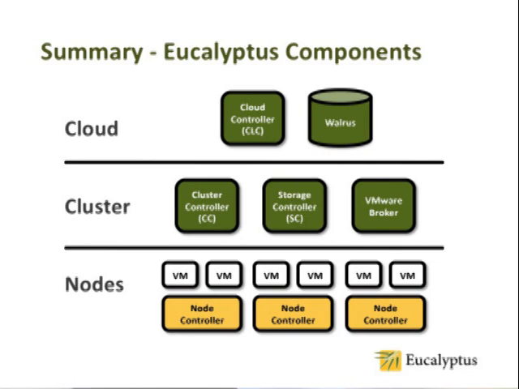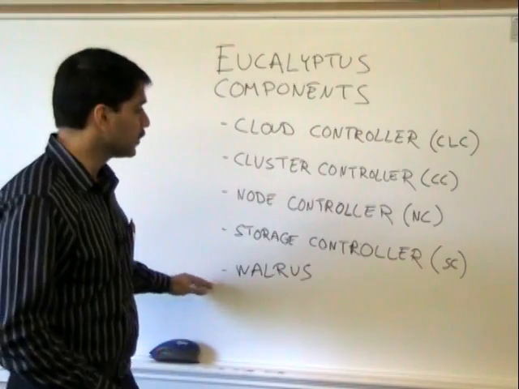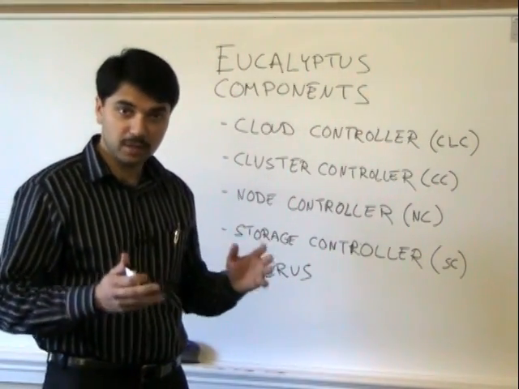To quickly summarize the different components of the Eucalyptus cloud, we have a couple of components that comprise the cloud level components, and a couple of them can be classified as cluster level components. The cloud controller and Walrus, where the cloud controller is the Amazon EC2 equivalent, and Walrus is equivalent to Amazon's S3. These are the two cloud level components, which means that you will have one such component per cloud.